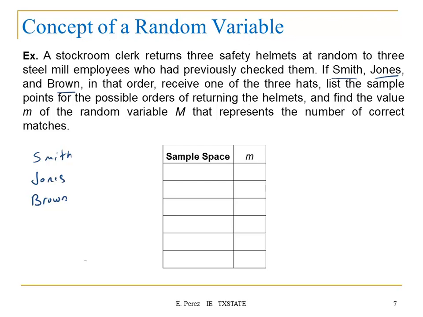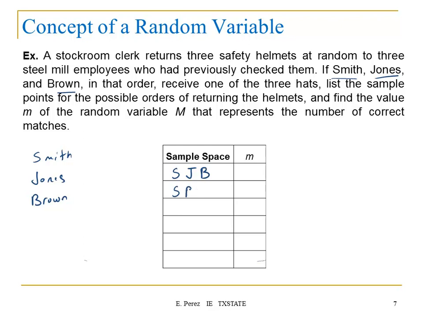Okay, so we can start with the order that was given. So we're going to use S, J, and B. And I'm going to list the possible combinations for returning those helmets. So you're going to have 6 sample points.